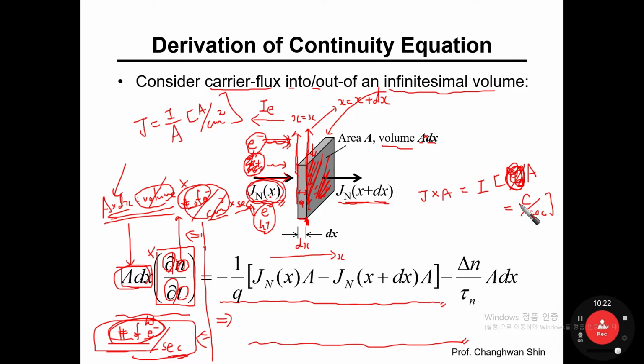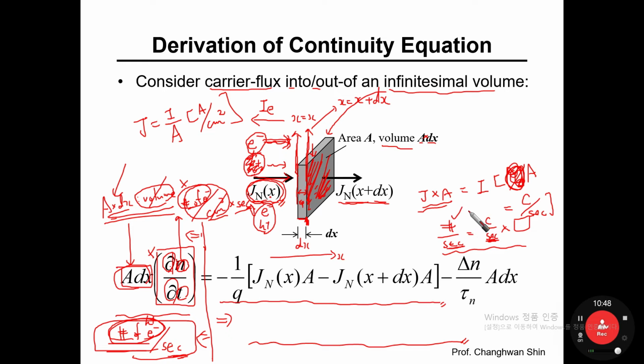Now I would like to know the number of carriers per second, but this indicates coulomb per second. So what else do we need to have a matched unit on left and right hand side? Second is here and there, so we are okay.